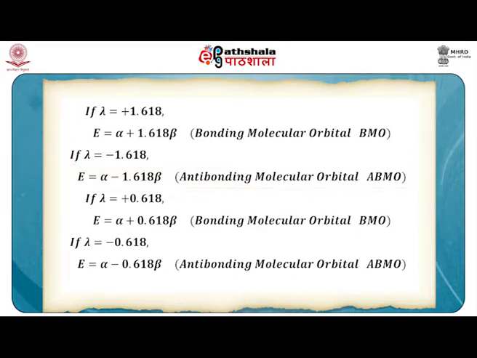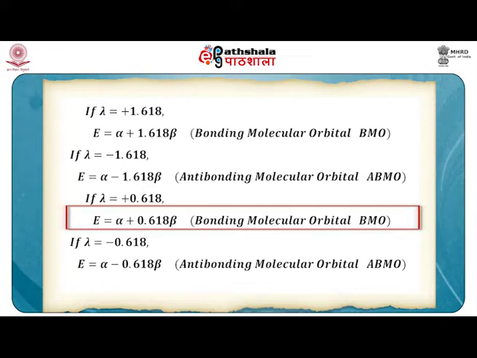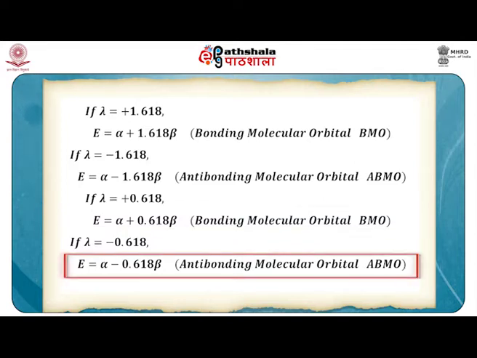Similarly, for the other two values of lambda, one gives E equal to alpha plus 0.618 beta, which is again a bonding molecular orbital, and the other gives E equal to alpha minus 0.618 beta, which is antibonding.